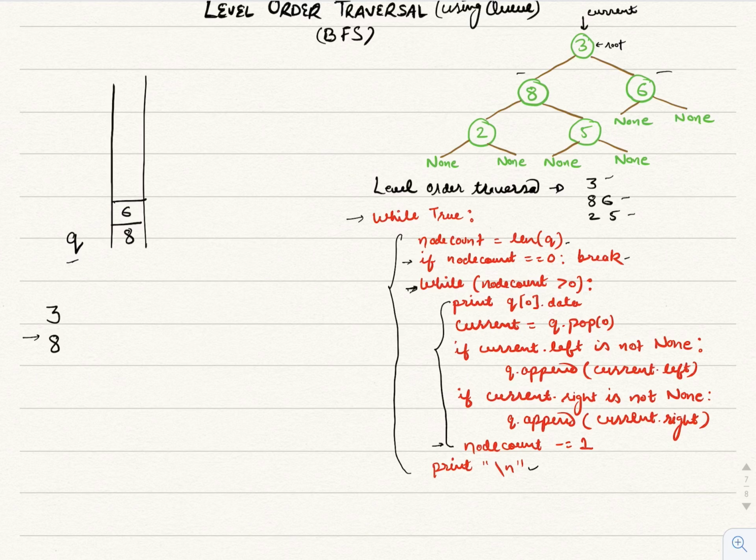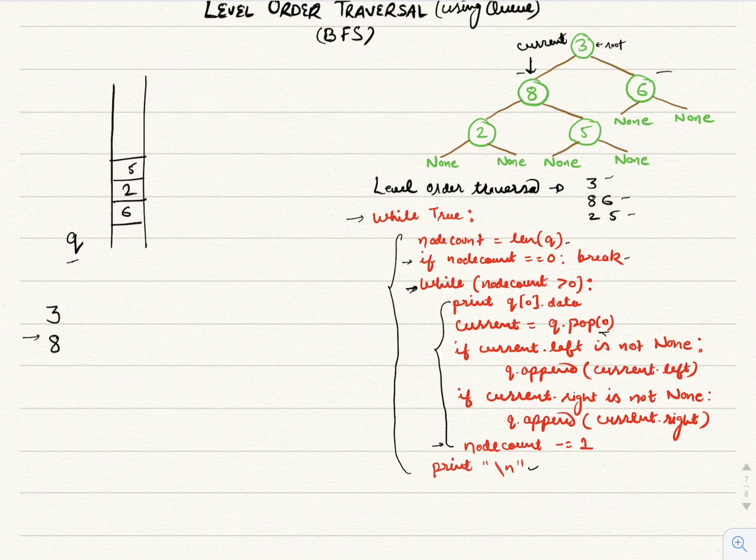Now we'll pop this 8, the first element of the queue, and assign current to it. Now current's left and right are 2 and 5. We'll append them to the queue, first the left one and then the right one.